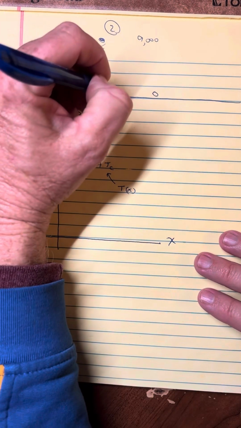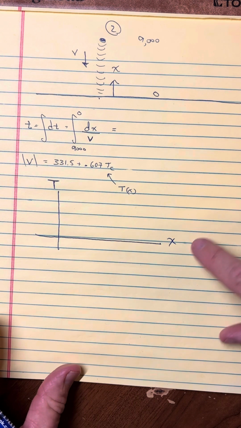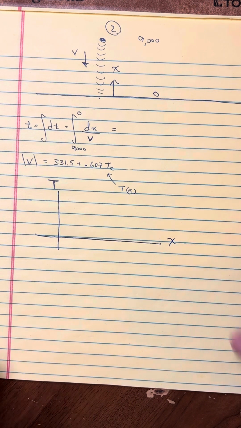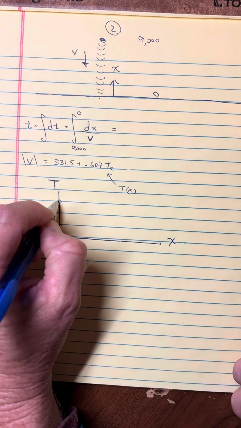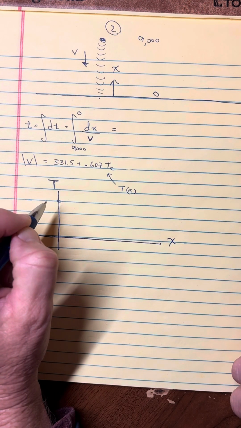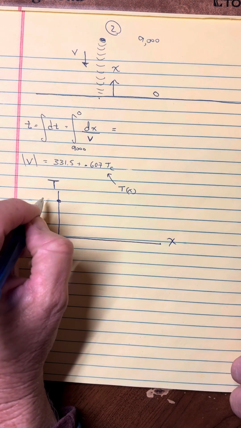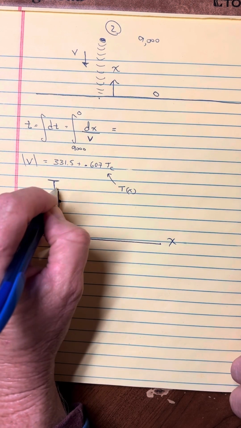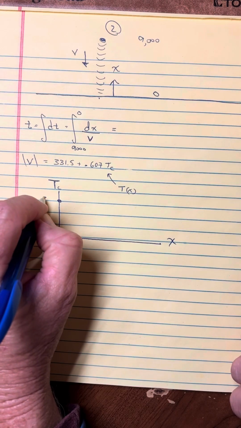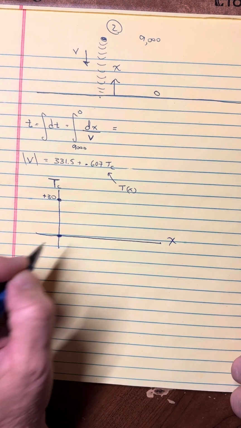So let me refer to this as the x-axis going up. Okay. Then I guess I'm going to have some temperature that will be on the hot side. And I might as well do this on the Celsius scale. So we'll say that this is a plus 30 degrees when we're at the ground level.